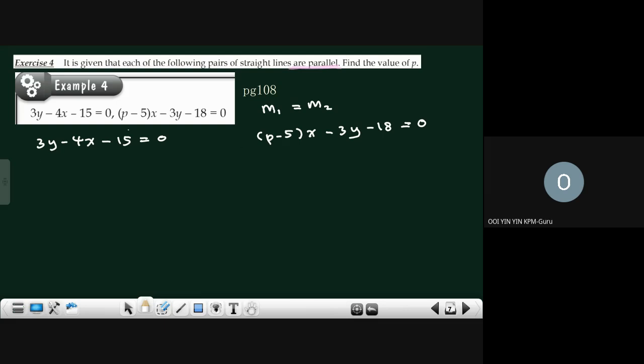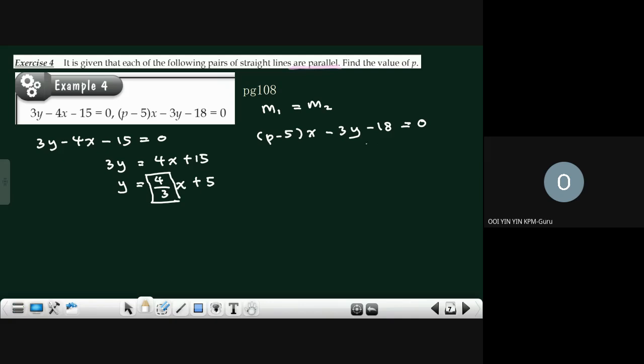So now we rearrange the form, we want to see what the gradients are. Here 3y, and then your x and 15 move to the other side, becoming 4x plus 15. I only want y, so it's 4 over 3 x. 15 divided by 3, you get 5. So your m here is 4 over 3.